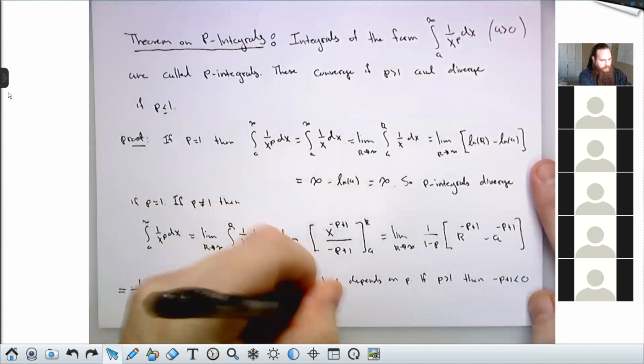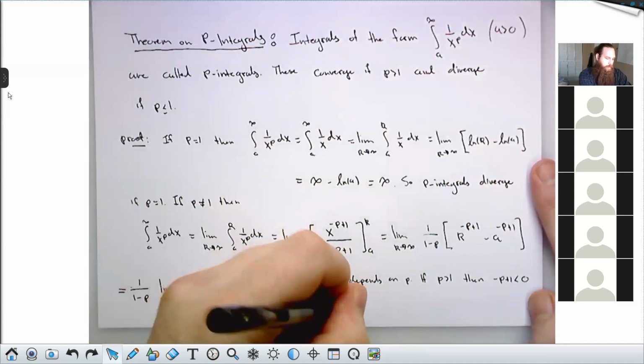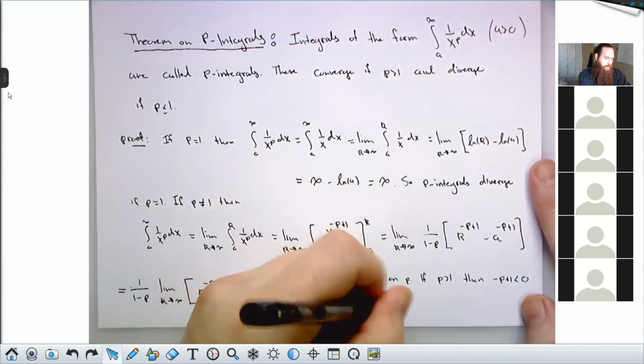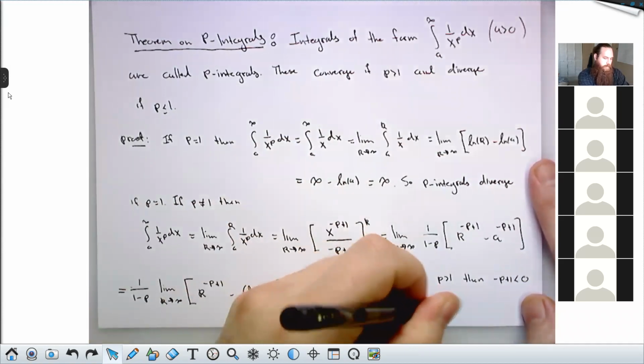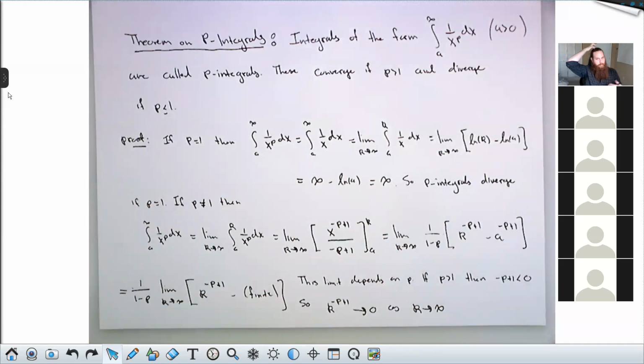So r to the negative p plus 1 would go to 0 as r goes to infinity, because that power is negative, right? Like 1 over r squared, 1 over r cubed. If p is 2, then this is negative 1, and I would have 1 over r. 1 over r does go to 0 as r goes to infinity.